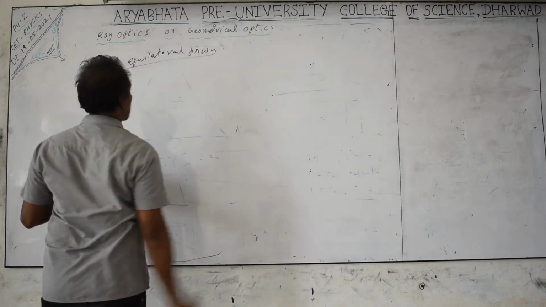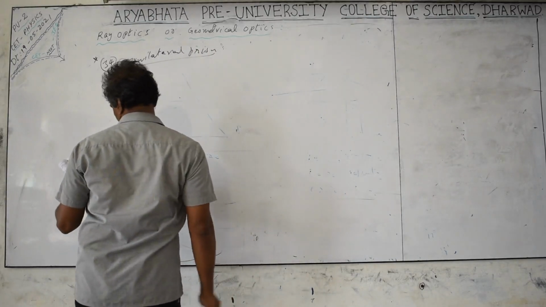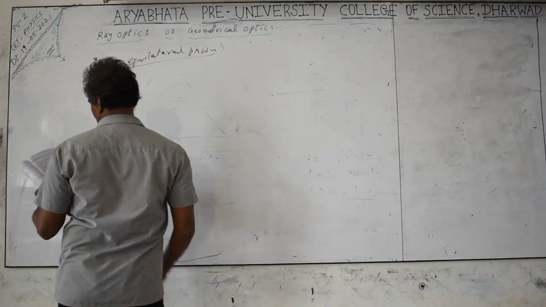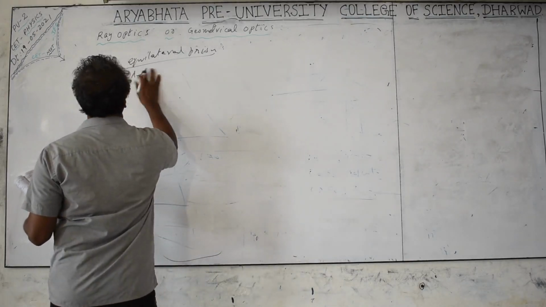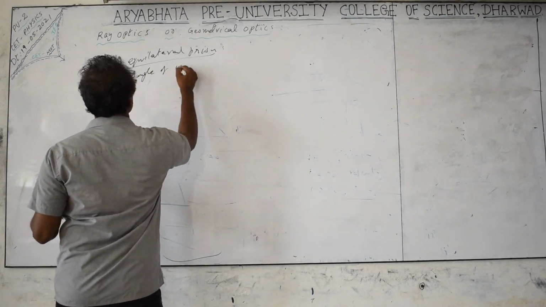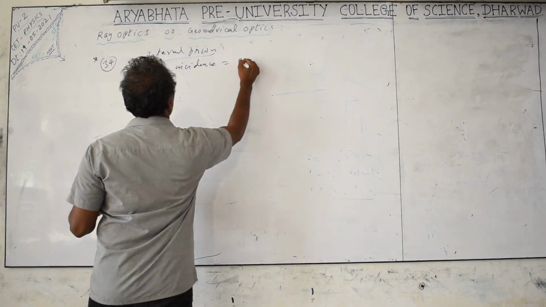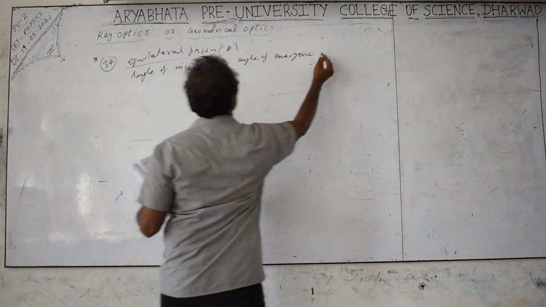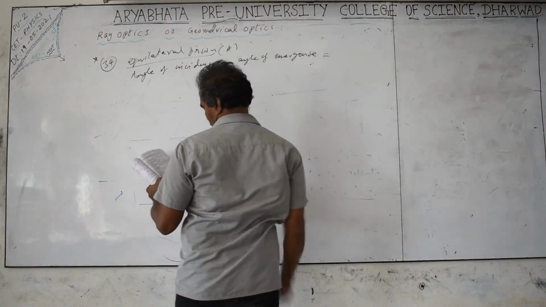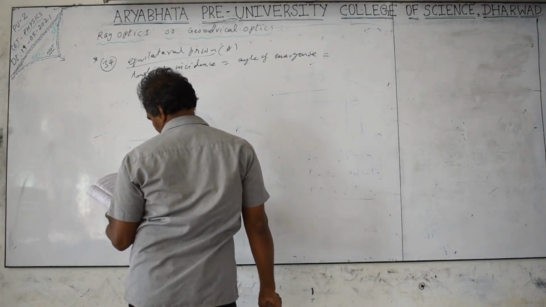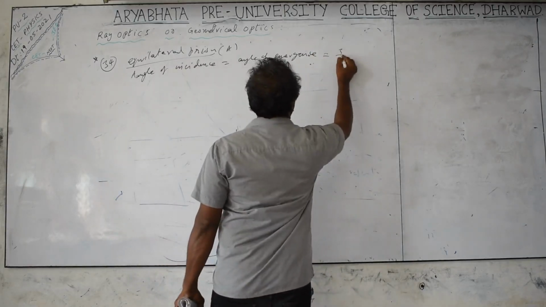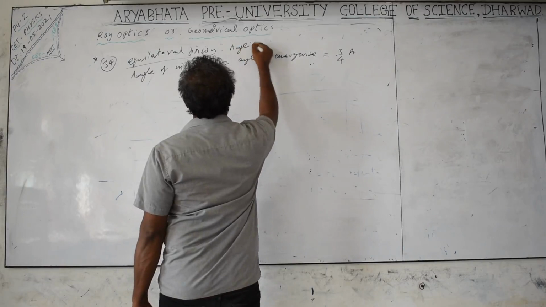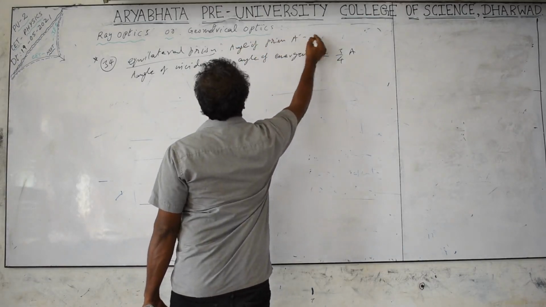Equilateral prism means the angle of the prism, or refracting angle of the prism, is 60 degrees. Angle of incidence is equal to angle of emergence, which is equal to 3/4 of the angle of the prism, 3/4 of A. Equilateral prism, in this case angle of prism A equals 60 degrees.